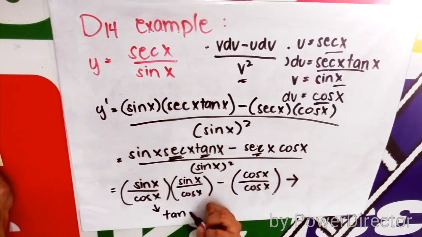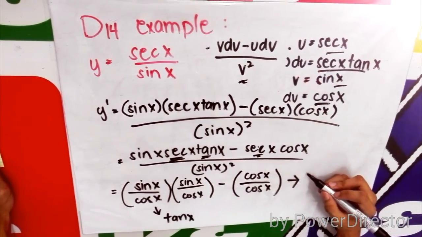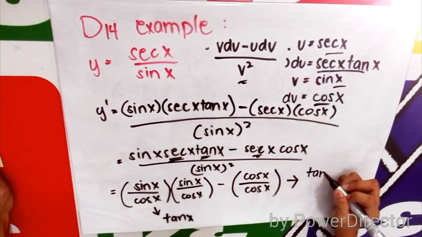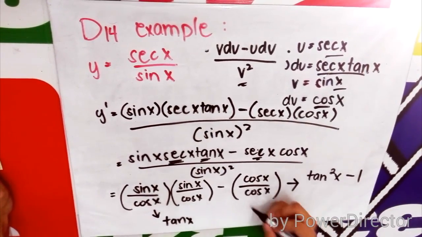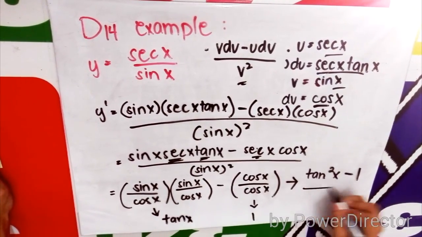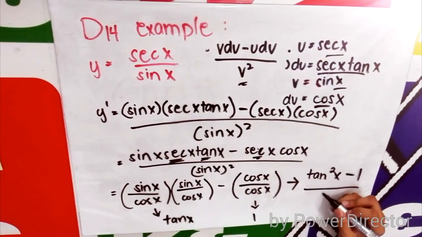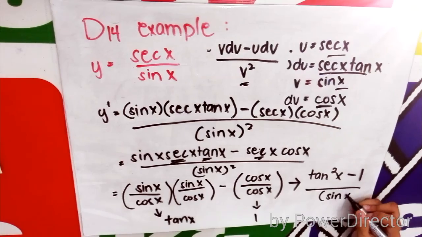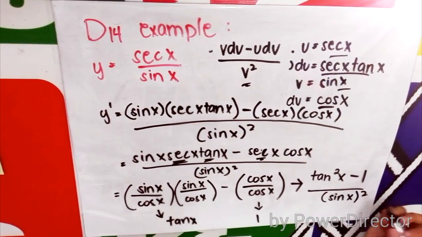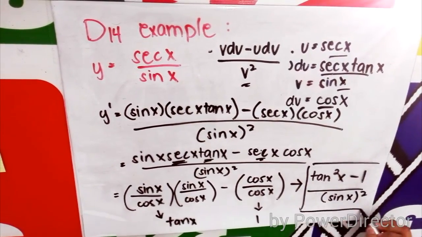Sin x over cosine x is equal to tan x. Then the answer is tan squared x minus 1, because cosine x over cosine x is equal to 1. Last, tan squared x minus 1 over sin x squared. That's the final answer.